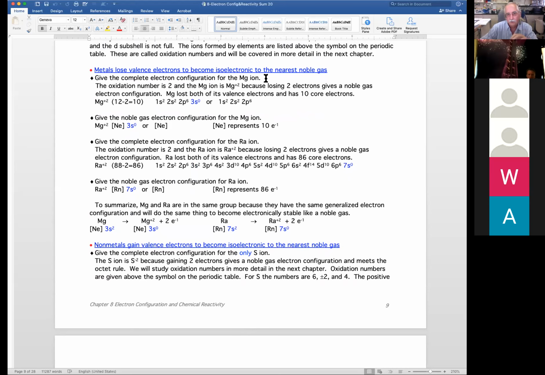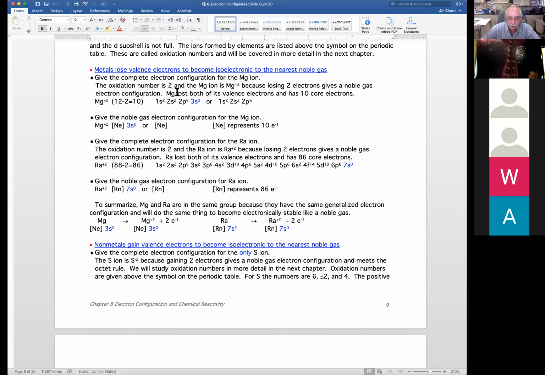That means the only ion that's ever been observed for magnesium is the +2 ion. What does that mean? You start off with 12, you lose 10, that means 2, you have 10 electrons left over. Here's the ones that you lost, the ones that were in the valence orbitals.